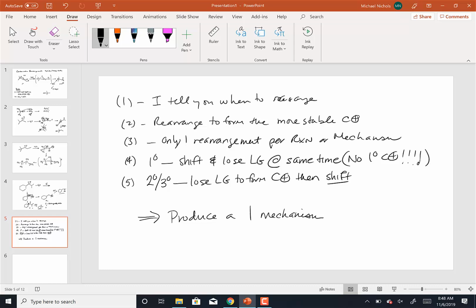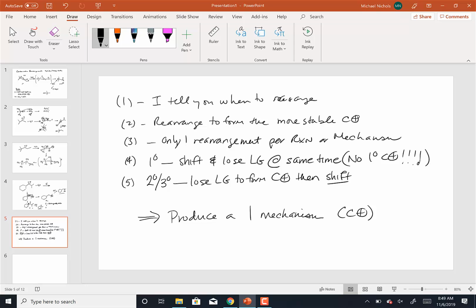Anything we classify as a 1 mechanism, SN1, E1, they always involve a carbocation intermediate. As opposed to a 2 mechanism, which doesn't.